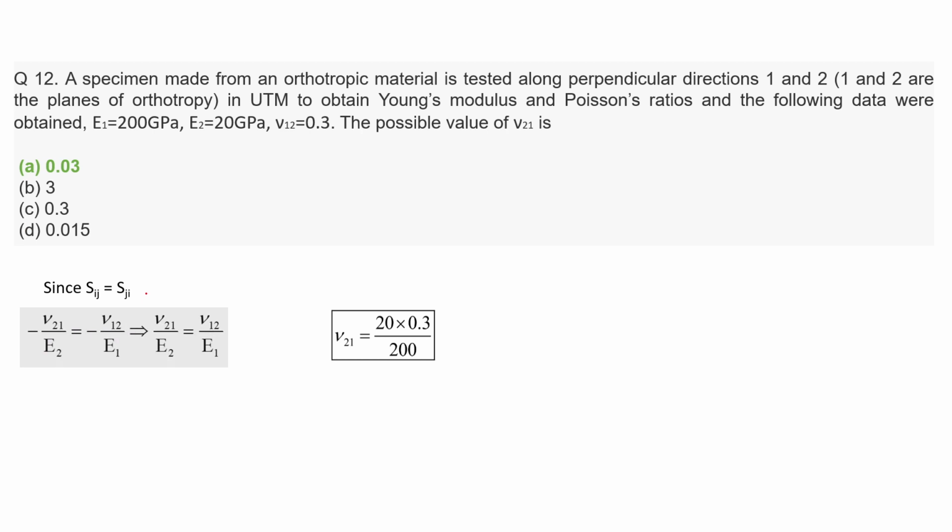With the symmetry equation, the coefficients Sij will be equal to Sji. From the equations in terms of engineering constants, when we equate these coefficients, we get mu21 by E2 equal to mu12 by E1. We have to always remember this. Using this equation, we already know E1, E2 and mu12, so we can find mu21, which equals 0.03. That is option.